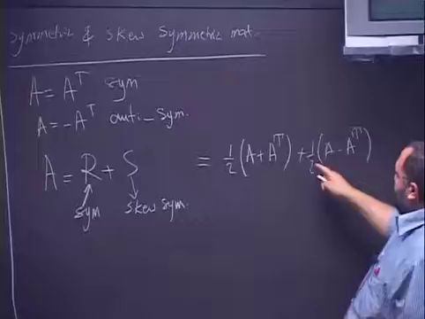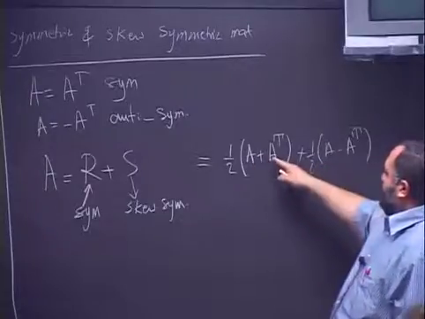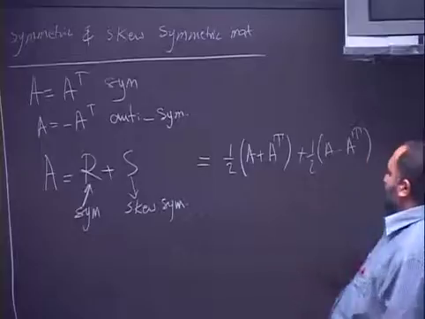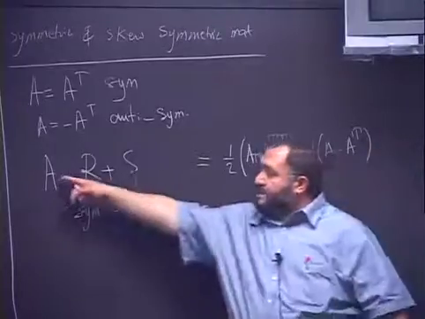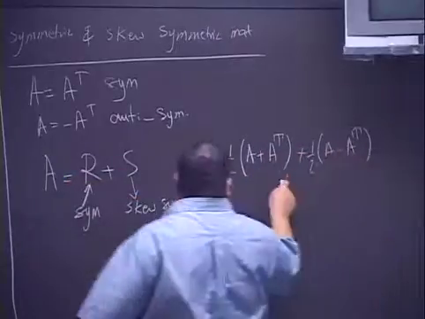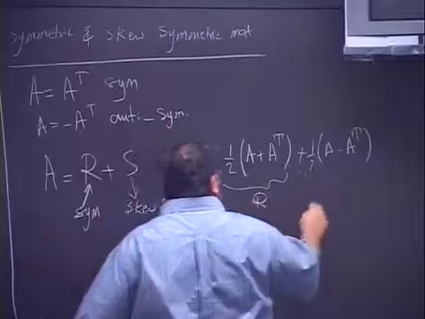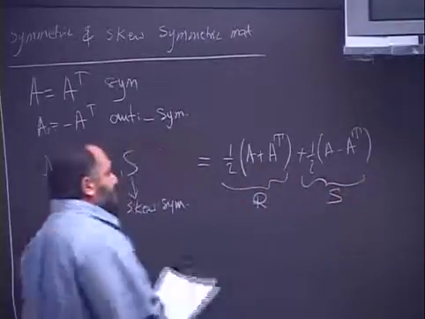If you add them, half and half is 1, so it will be A, and half A transpose will cancel with minus half A transpose. So you can write A as this and this. And this term is the symmetric term, and this term is the skew symmetric term.